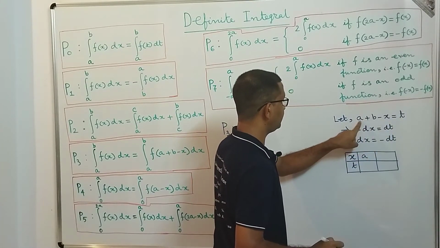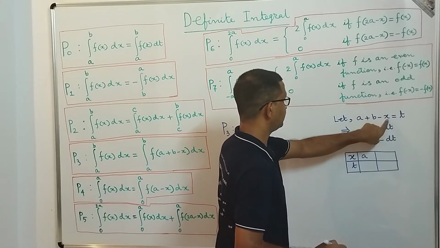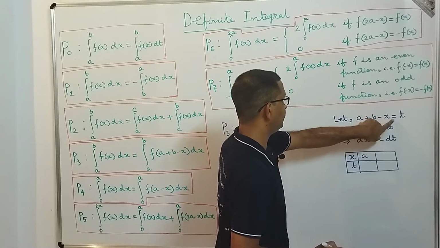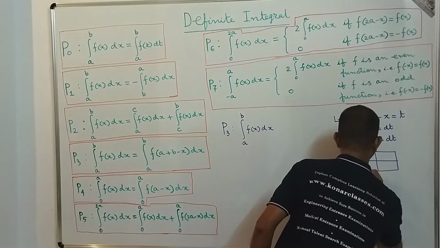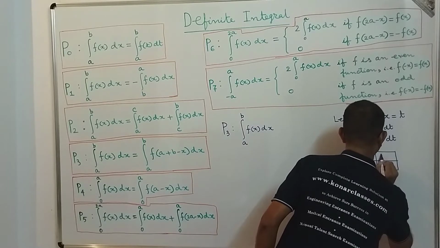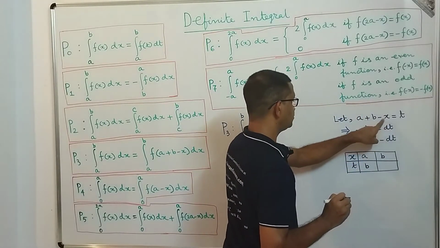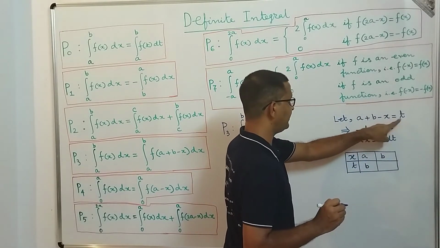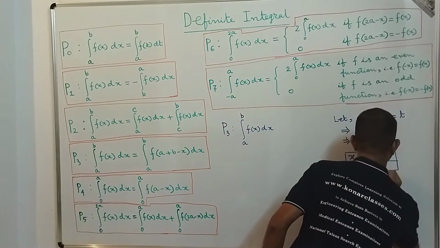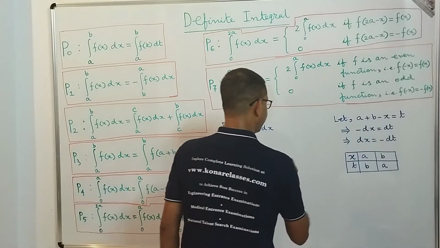When x is equal to a, the a and minus a will get cancelled, so we will get the value of t as b. And when the value of x is equal to b, the plus b and minus b will cancel and the value of t will be a.